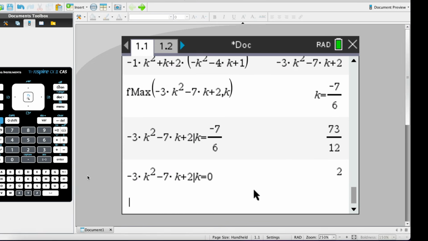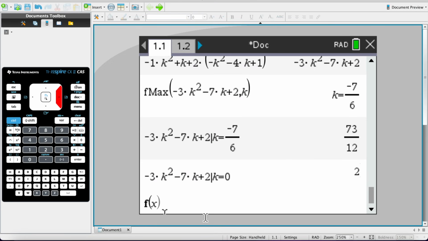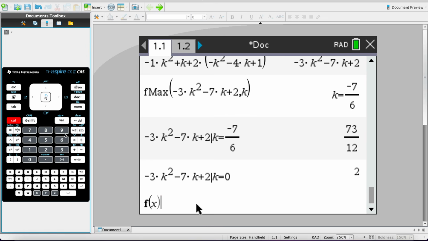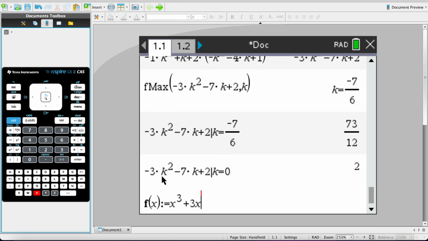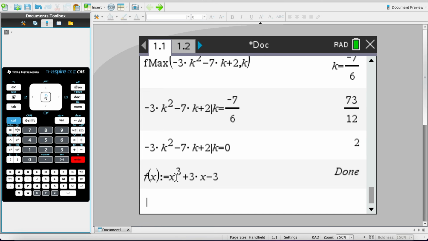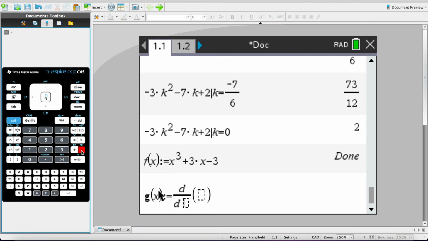So let me define on the CAS f of x to be x cubed plus 3x minus 3. And then it also tells you the derivative, so g of x we'll define as the derivative of f.